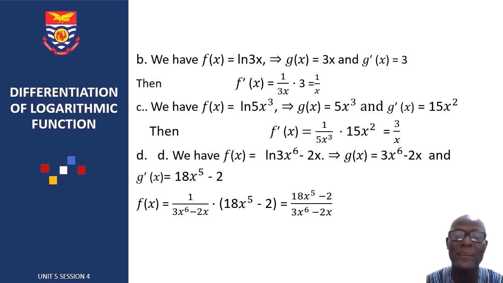Now, the derivative of f of x equals 1 over g of x, which is 1 over 3x exponent 6 minus 2x, multiplying its derivative, which is 18x power 5 minus 2. So multiplying, we have 18x power 5 minus 2 all over 3x power 6 minus 2x.